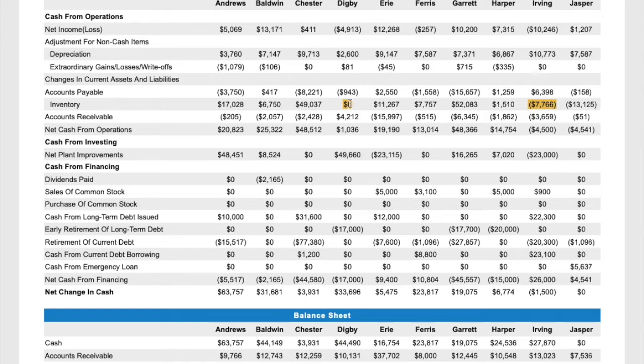And also, I want to point out the opposite side, that Digby spent zero on inventory. So it's really good if you spend zero on inventory, to some degree, yes, because you're not having extra cost. But at the same time, maybe your projection is not too accurate, and you sold out all the inventory, then other companies will take advantage of that.